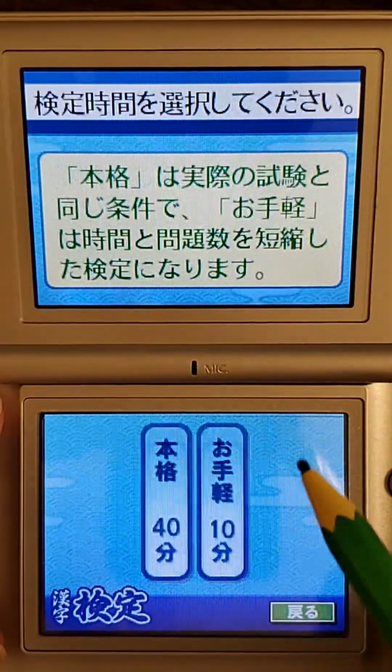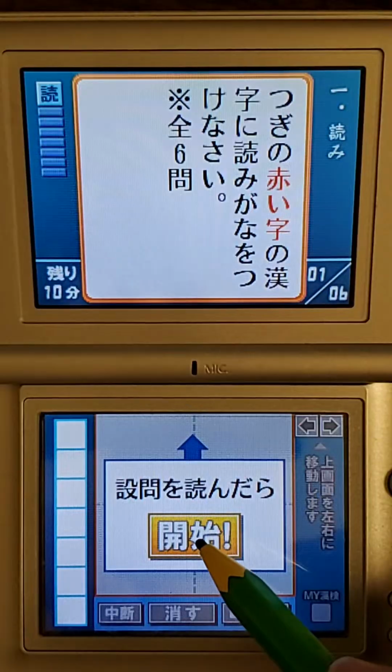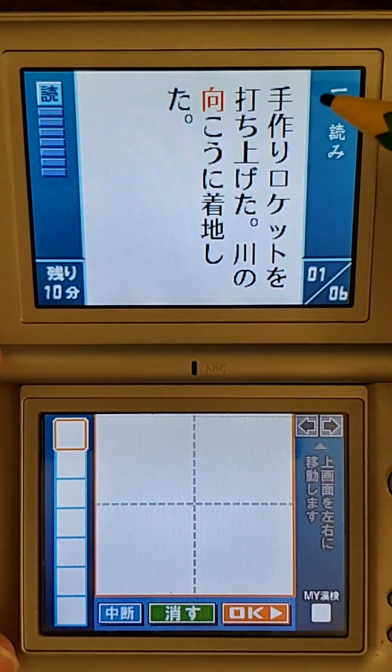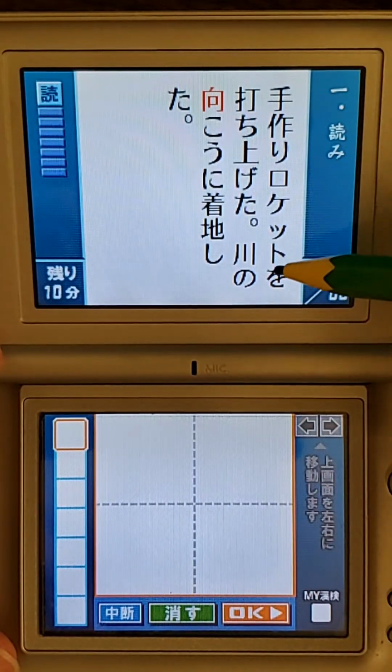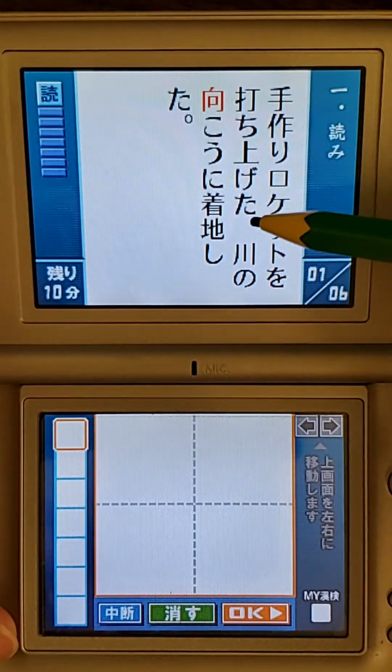So Hachikyu. The third grade reading level is Hachikyu. The third graders learn these kanji. はい、手作りロケットを打ち上げた. So the same sentence we saw this last one, but different kanji.